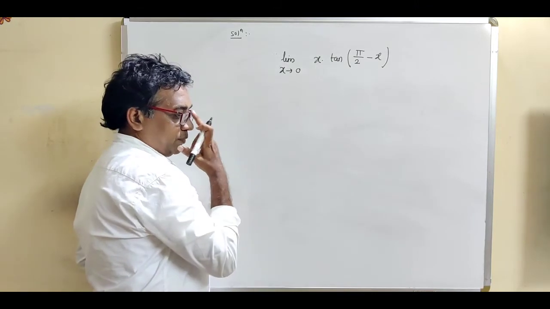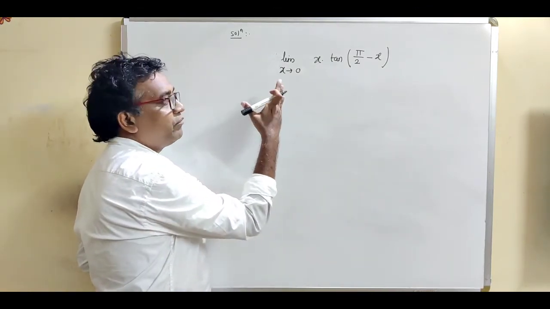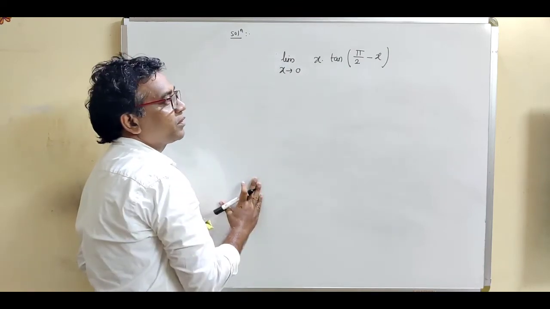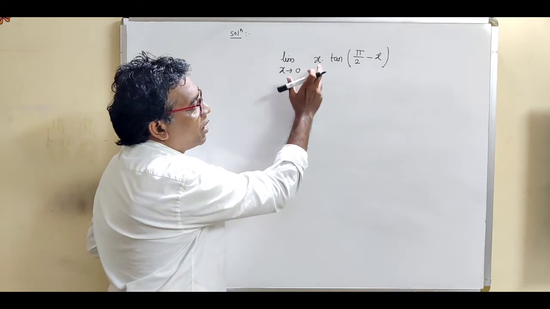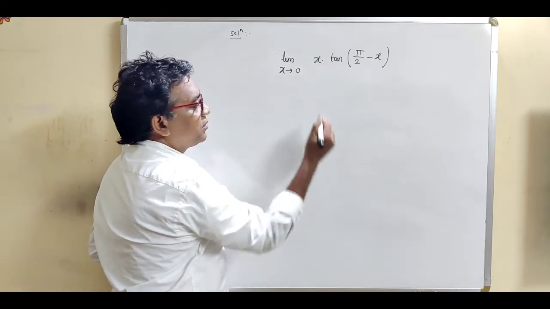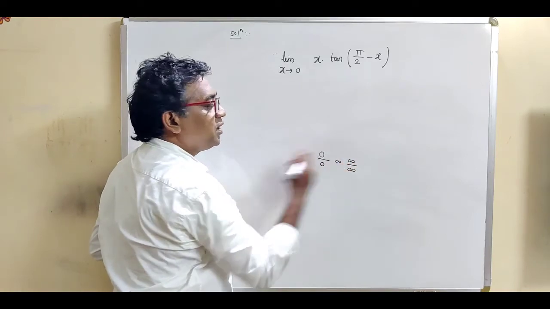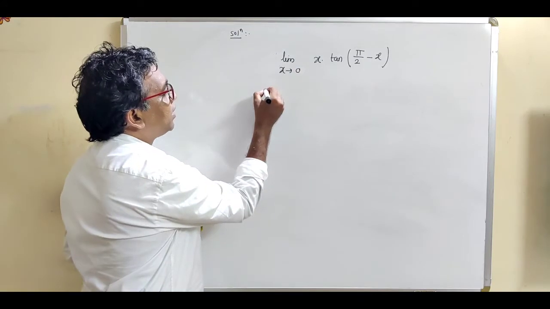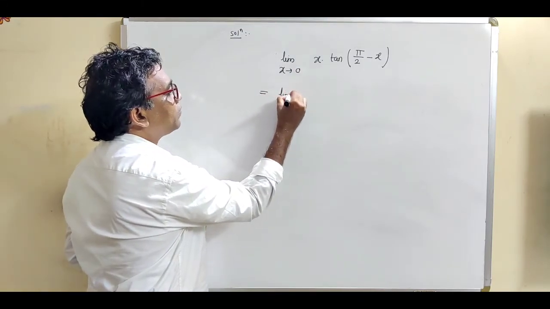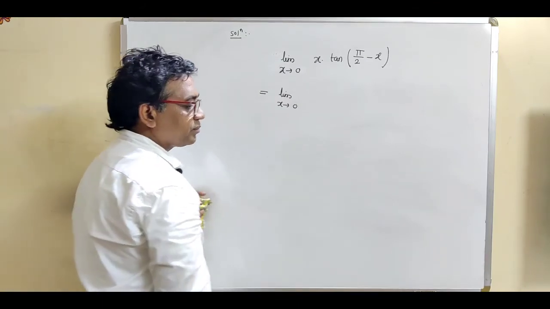Now see, this limit form contains the same form, which is the product form. So again, what is the method? Convert this product either into 0 by 0 or convert this product in terms of infinity divided by infinity. So write down this is equal to limit x tends to 0.